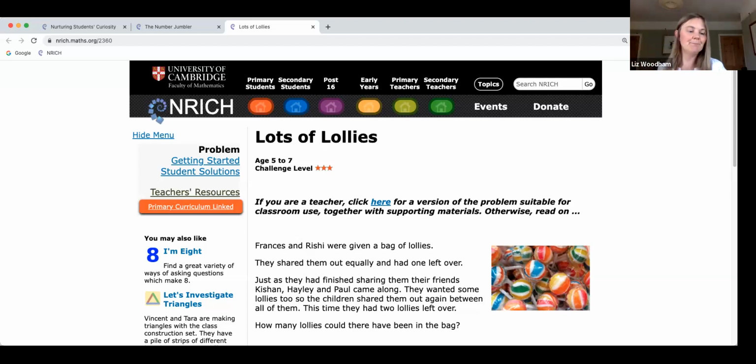I did get out a few nice coloured counters in case we wanted to play with that. Some of you were suggesting that possibly learners might come up with a solution to start with. Somebody mentioned perhaps they'd find a solution 7, because that was the scenario where everybody got 1 lolly. So maybe that would be a starting point for some children.